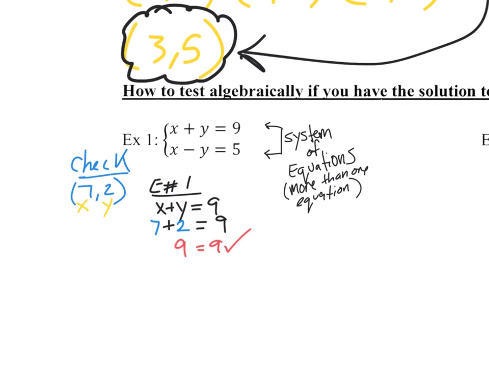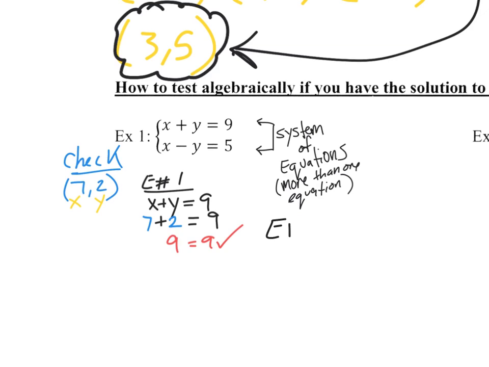So let's go ahead and check to see if it satisfies the second equation, equation number 2, which is x minus y equals 5. Now, we're going to do the same thing. We're going to substitute 7 in for x, so 7 is going to go there, minus, and then 2 in for y, so 2 is going to go in right here.